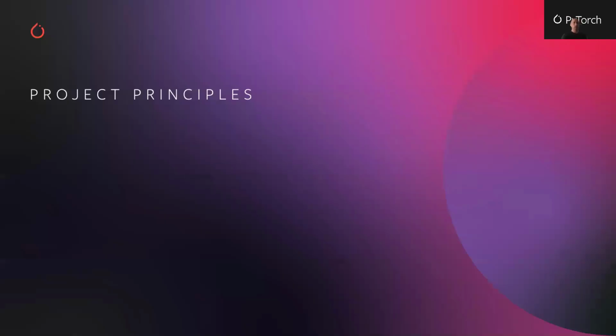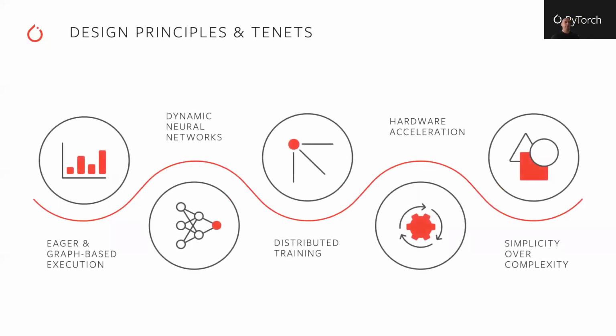So I want to talk at least a bit on the principles of the project. We've kind of seen the overall mission, but what do we invest in? What do we think about when we invest in features around PyTorch? There are quite a few here, but I would say these hit some of the higher order things that we think about. So, we always think about eager and graph-based execution. We know we need eager mode. We know that we want researchers to be free to explore in this kind of Pythonic, define-by-run environment.